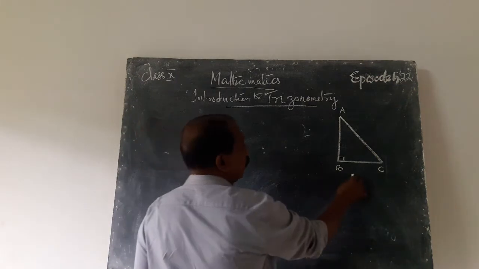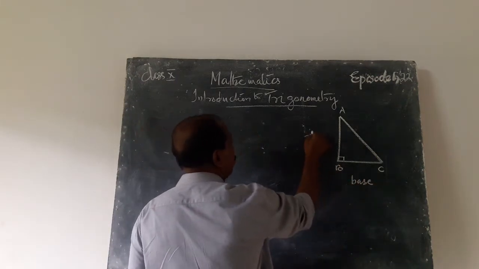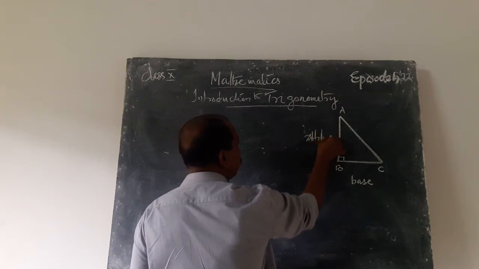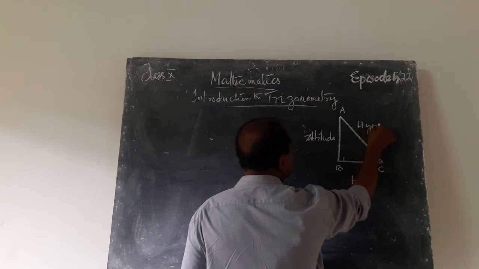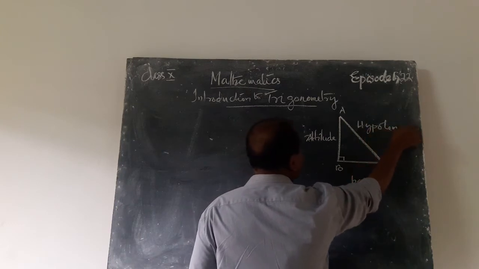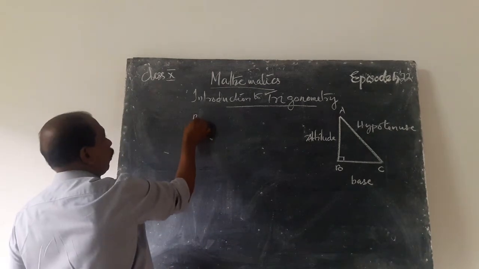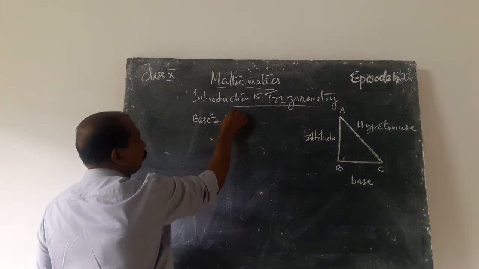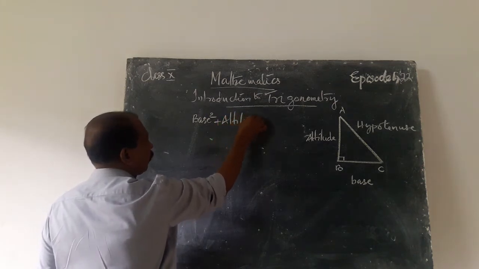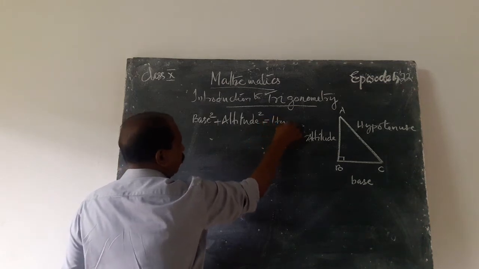Therefore this side is known as base and this one is known as altitude, and the third side is hypotenuse. Then the relation is base square plus altitude square is equal to hypotenuse square.